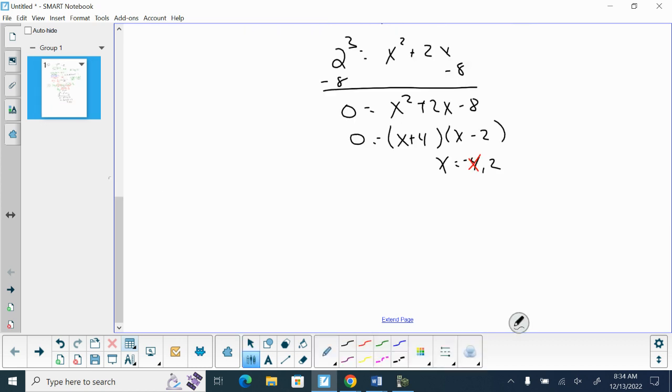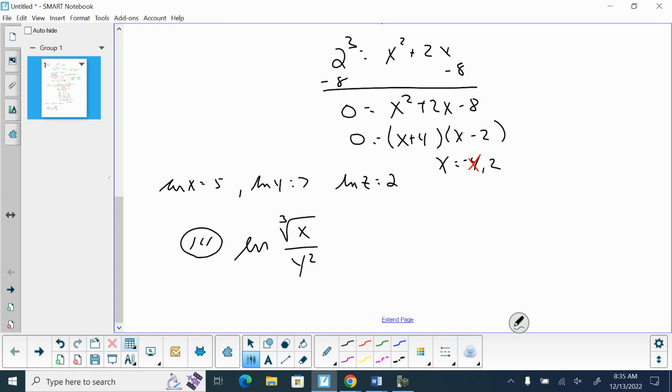I'm giving you ln of x is equal to 5, ln of y is equal to 7, ln of z is equal to 2. And we have in number 14 the ln of the cube root of x over y squared.